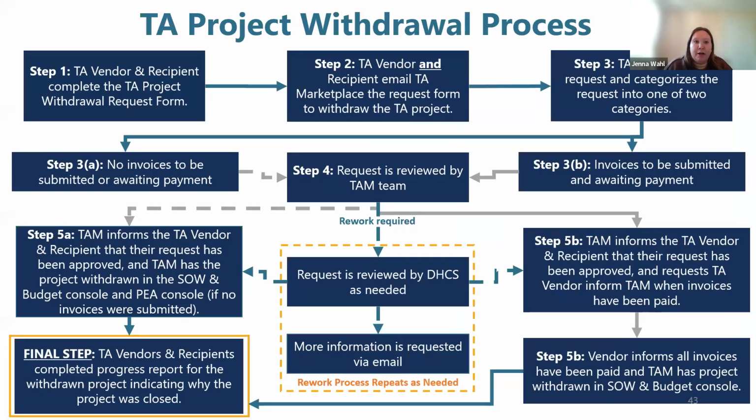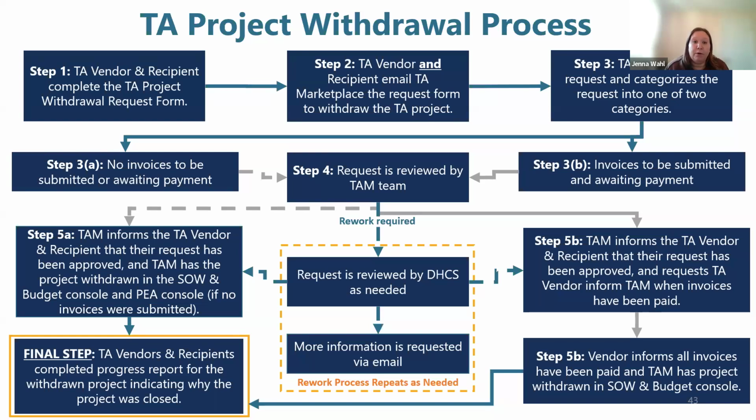Again, we have a flow here for how this will work. Similar to the TA amendment form, we have the form submitted to the TA marketplace with both vendor and recipient included in that email. Our team will review and categorize it into one of 2 categories. One is that no invoices have been submitted or are awaiting payment.